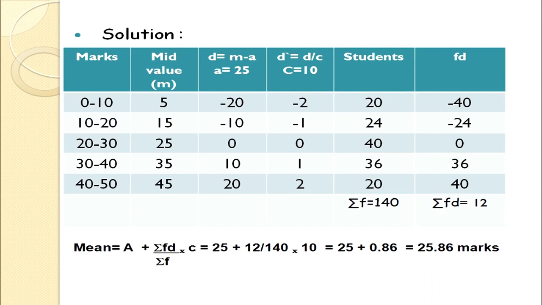So students, we have learned how to calculate mean in case of continuous series by the step deviation method. Up till now, we have calculated mean in case of all the series by all the methods, basically the direct method, assumed mean method and step deviation method.